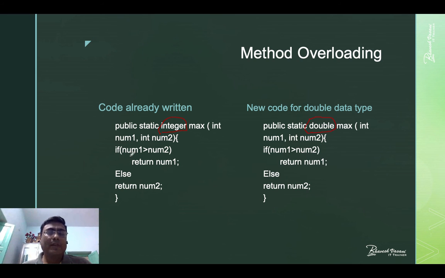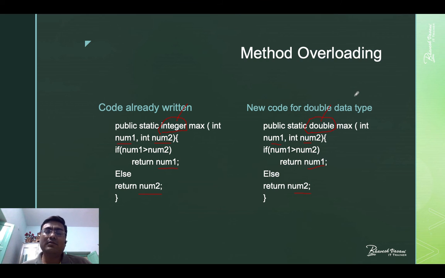So if the computer passes its data here as an argument, then the returned number will be in integer format. But if the computer passes its values as number 1 and number 2, then the returned number will have the data type double.